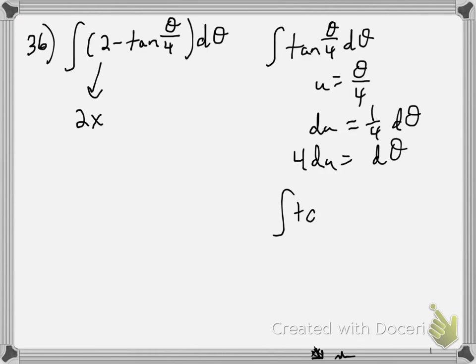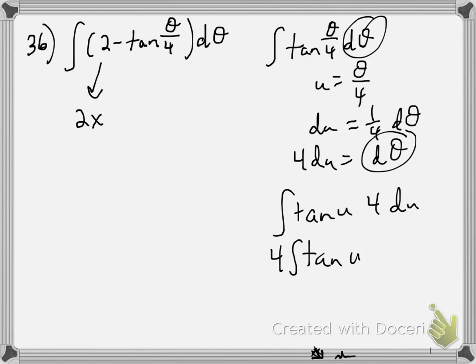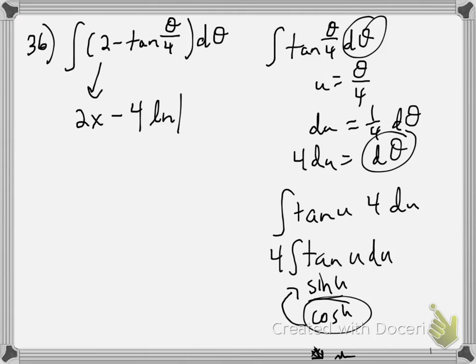Substitute. So we have tangent of u times 4 du. That's our d theta. So 4 integral tangent of u du. Tangent is sine over cosine. Means we have a negative natural log because the derivative of cosine is negative sine. So when you put it all together, you have 2x minus 4 natural log cosine theta over 4 plus c.